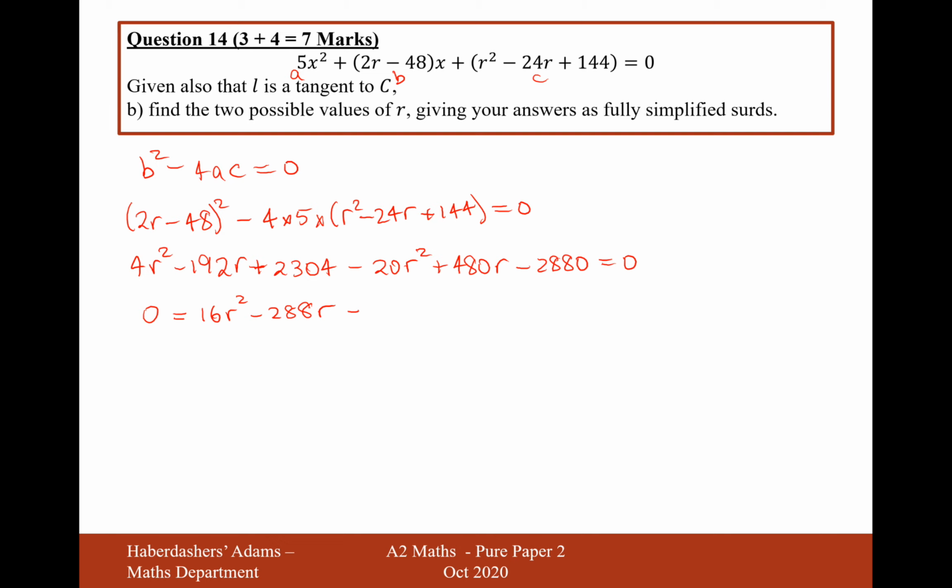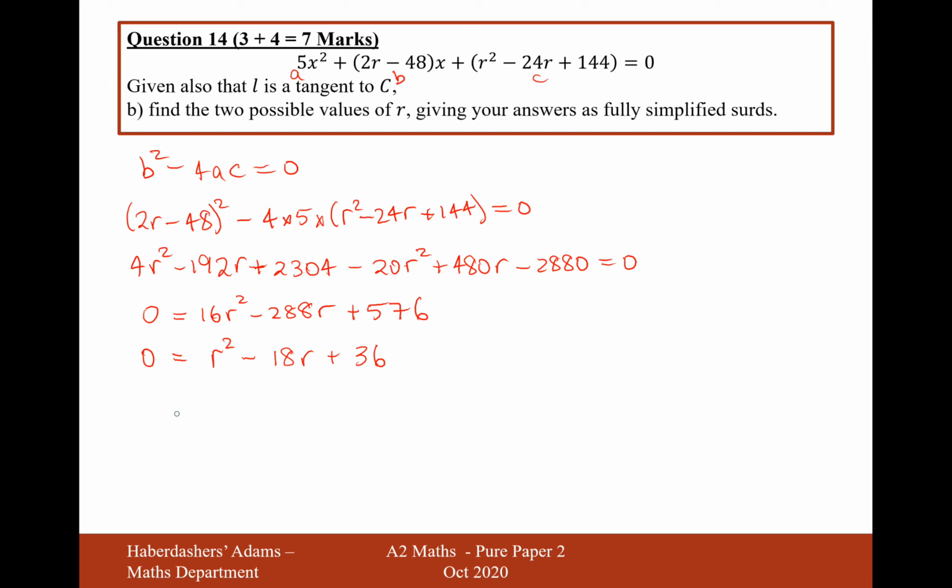So 2880 minus 2304 is positive 576. So let's now divide through by 16. We get r squared minus 288 divided by 16, which is 18, so minus 18r, and then plus 576 divided by 16, which is 36.